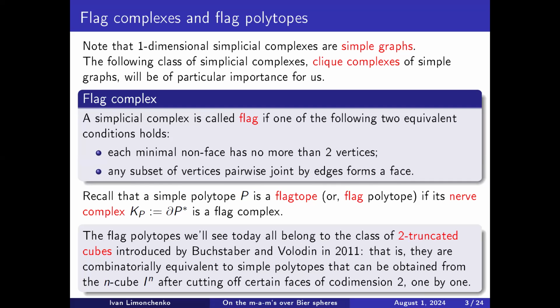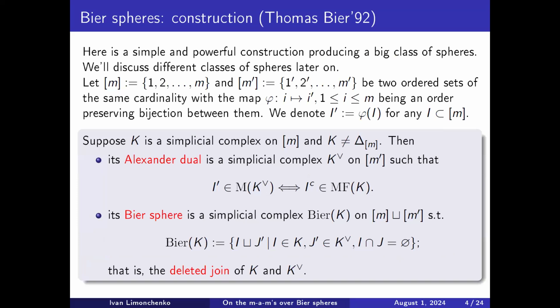Those two-truncated cubes can be obtained from n-dimensional cubes by truncating, cutting off faces of codimension 2, starting from the cube and then cutting them one by one by hyperplanes in general position. So this is a family of flag polytopes in n dimensions. Well, that was some notation and remarks.